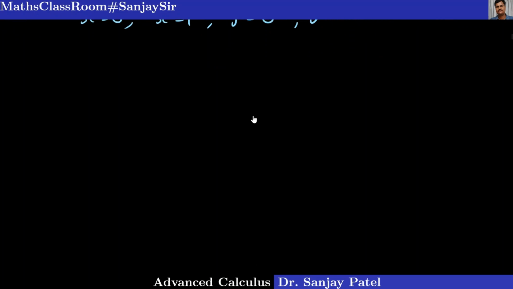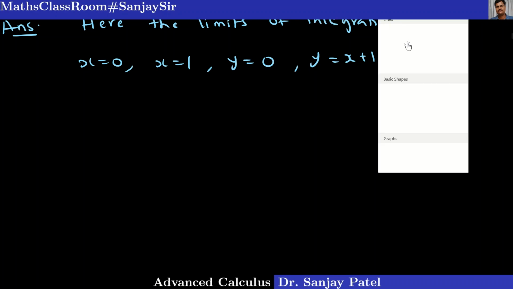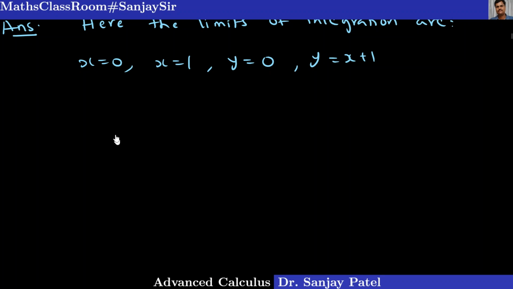So the first and important step in this type of problem of changing the order is that you must draw the region properly. The figure is an important part.